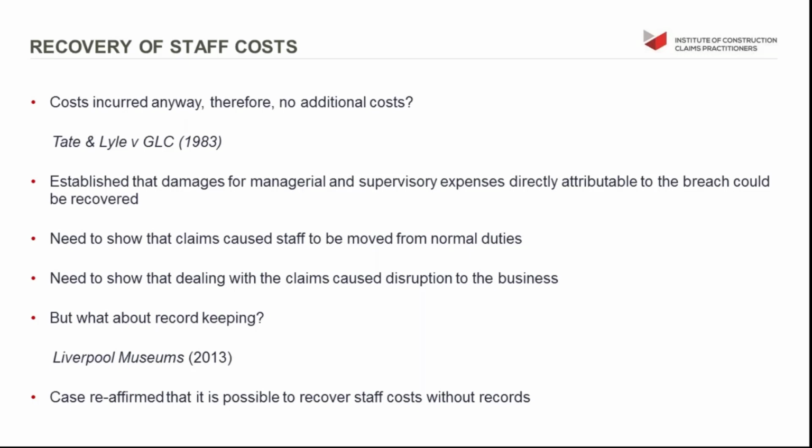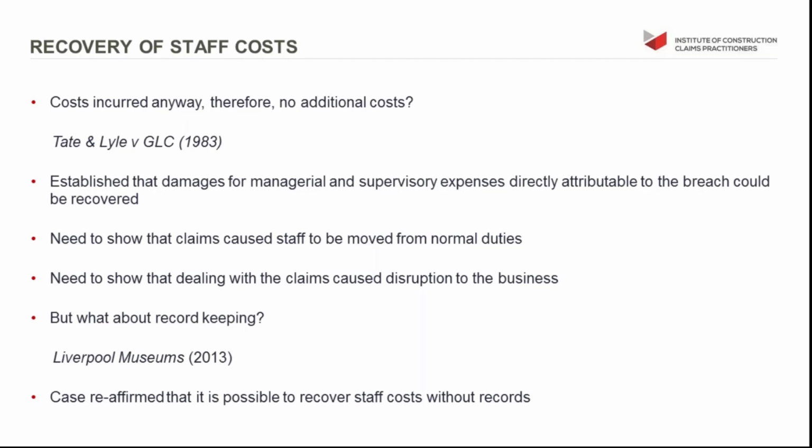If your planner is putting together the delay analysis, he's not carrying out his standard day-to-day scheduling. If your project manager is sat down in meetings with your claims staff or your claims coordinator, he's not doing his normal project management duty. So it should be reasonably easy to establish that staff are being moved from their normal duties.